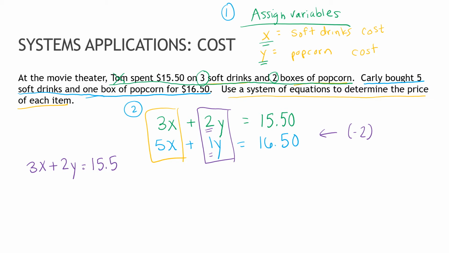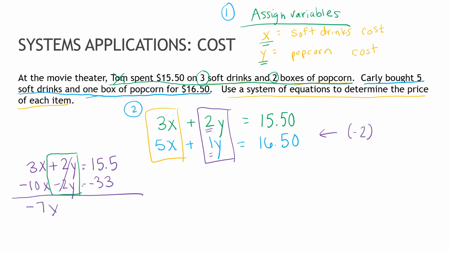For my second equation, I'm going to take -2 times 5, -2 times +1, and 16.50 times -2, which would be -33. Then, because I have what I wanted, which is 2 that line up nicely, now I'm going to add these things together. 3x plus -10x is -7x.